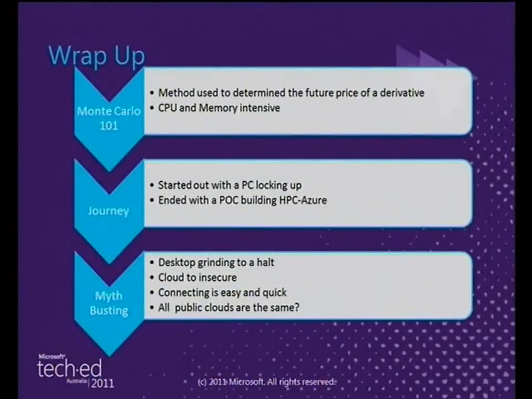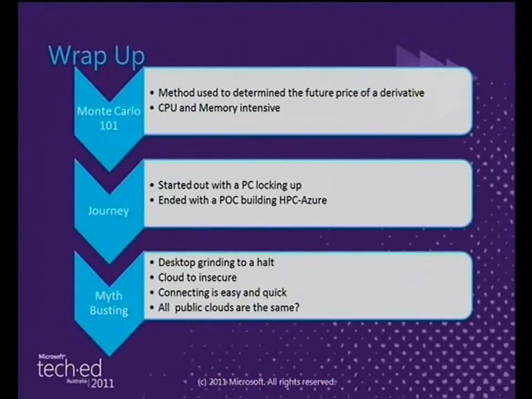So, quickly, today we had a quick look at Monte Carlo, very CPU intensive, used in financial institutions to calculate price. Can smash desktops. How do we fix that? We went on a journey. We looked at HPC integrating with applications and Excel. We went on a myth busting exercise as well: that the desktop grinds to a halt, that the cloud can't be used, and that connecting to the cloud is quick and easy.